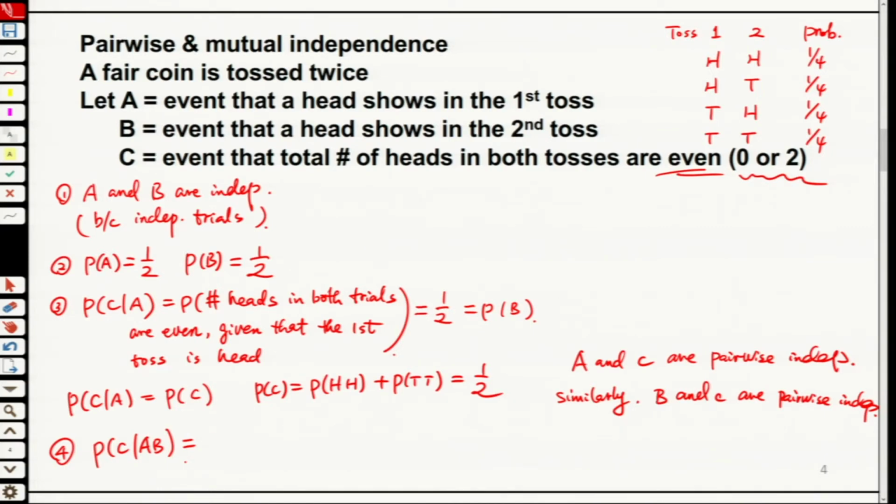It's 1, because it's 100%. If given that this happens and this happens, it's 1. But this does not equal probability C. This is 1/2. So that's why they are not mutually independent.